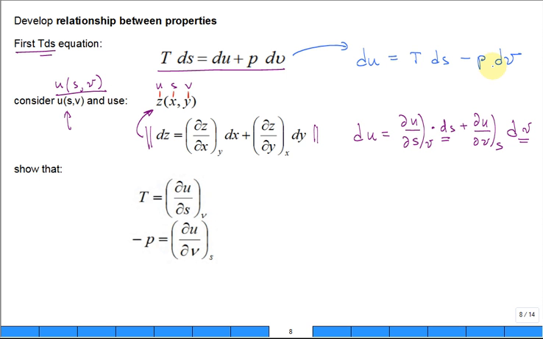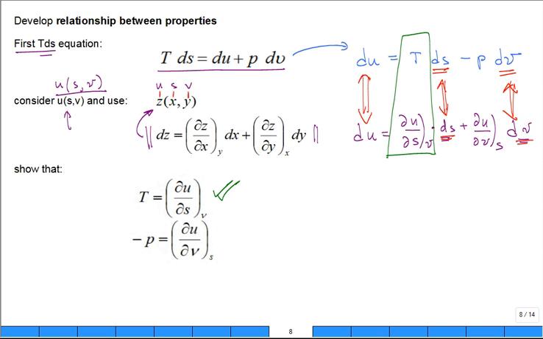Now I compare and I say, hey, is that exactly the same? Sure. Is dS exactly the same? Sure. Is dV the same? Yes, that's the same. And so what has to be equal is that this has to be true.